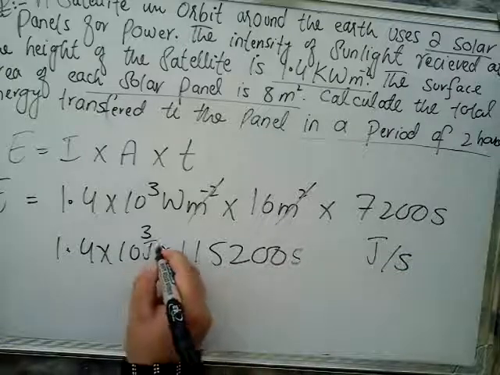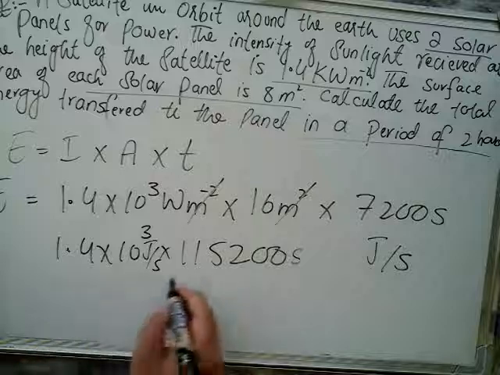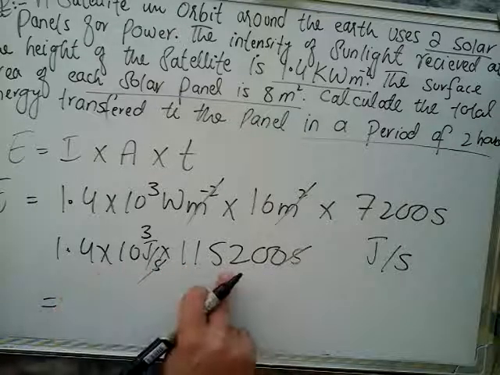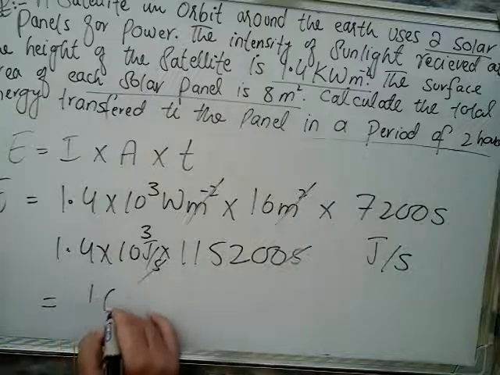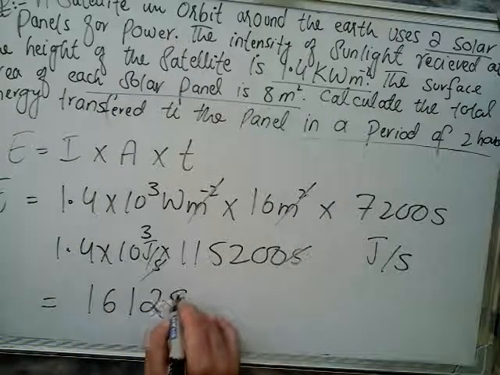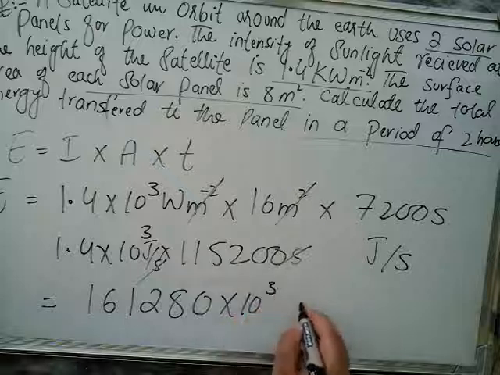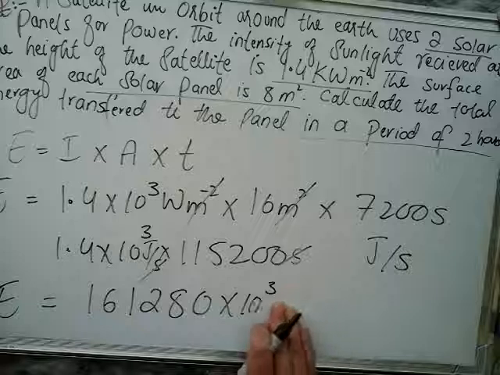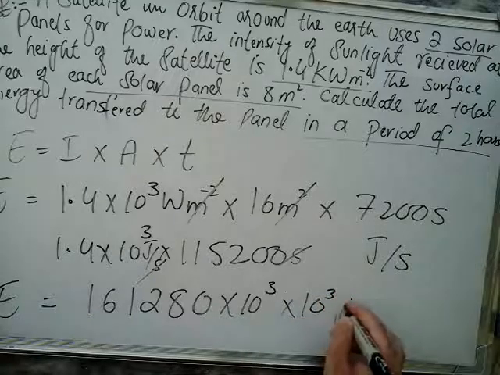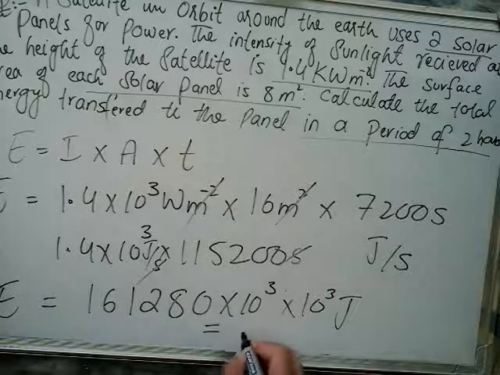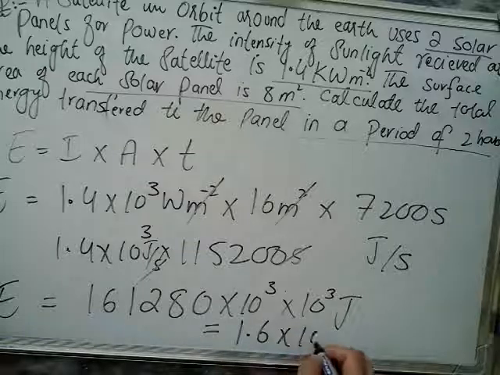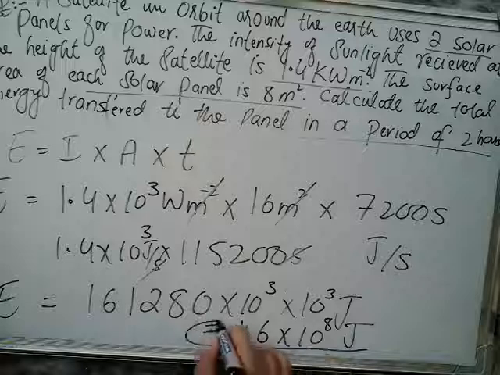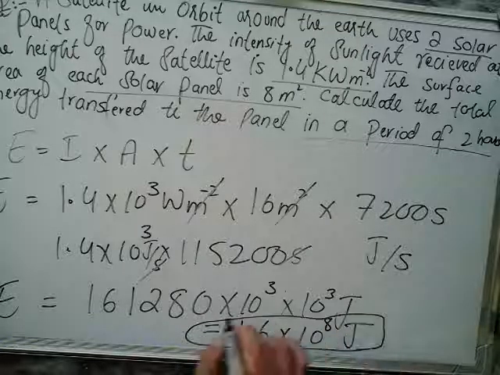So we will write joule per second, and second will cancel with second. 1.4 into 16 multiplied by 7200 into 10 raised to power 3 joule. So the final value would be 1.6 into 10 raised to power 8 joule. This amount of energy is gained by the two solar panels.